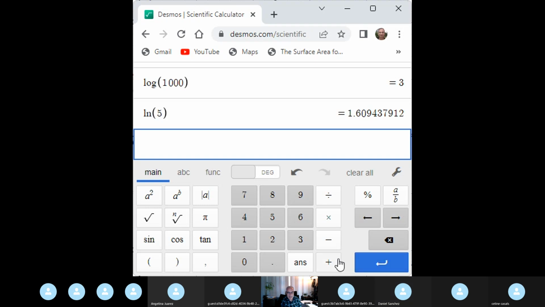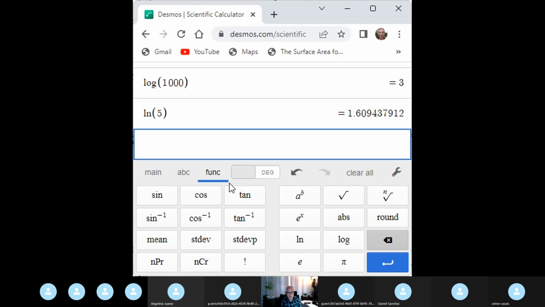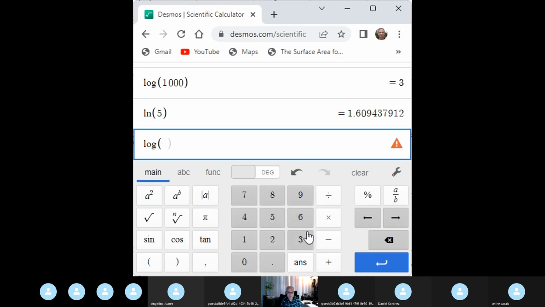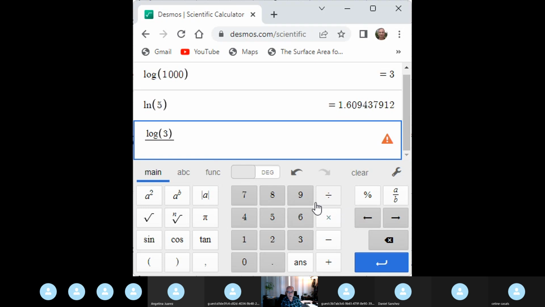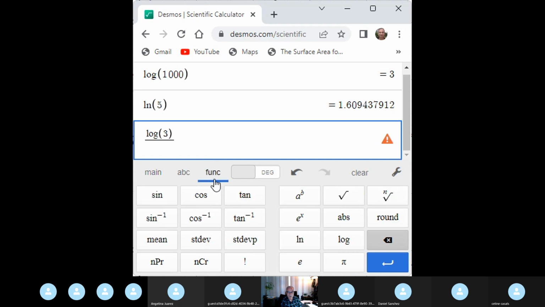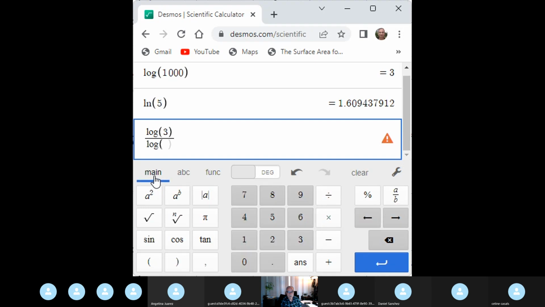So basically, I press the function. I try to find log of 3, outside the parenthesis, divided by log of 2. Okay, so next time we practice. Look at that.